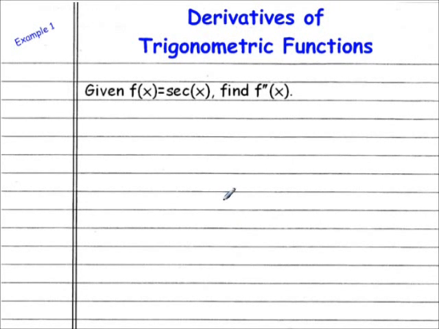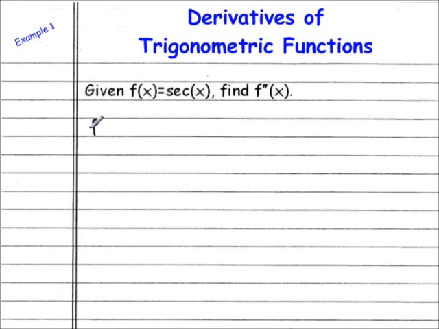In this example, we're asked to find a second derivative, f double prime of x, given the function f of x is secant x. To find the second derivative, we need to know what the first derivative is.